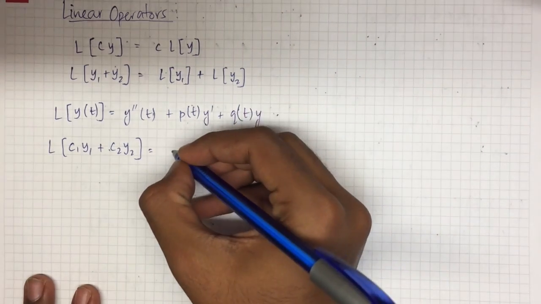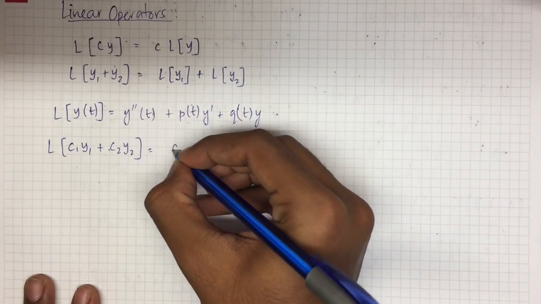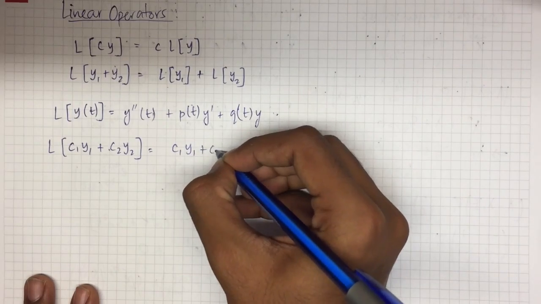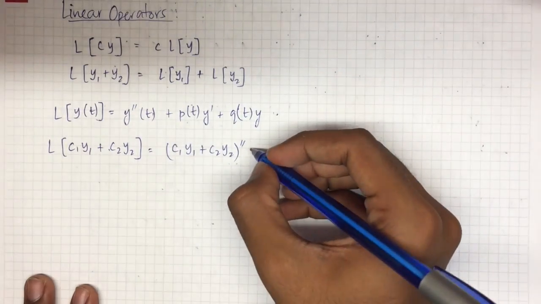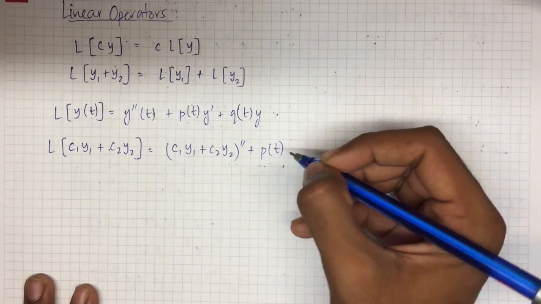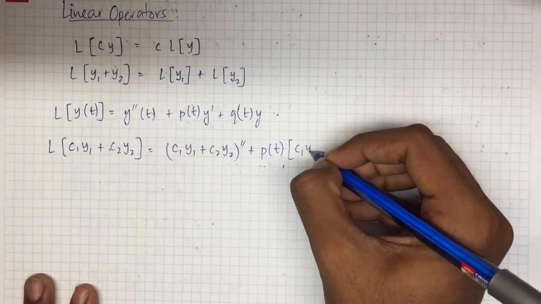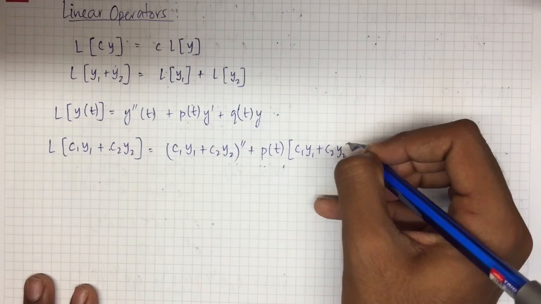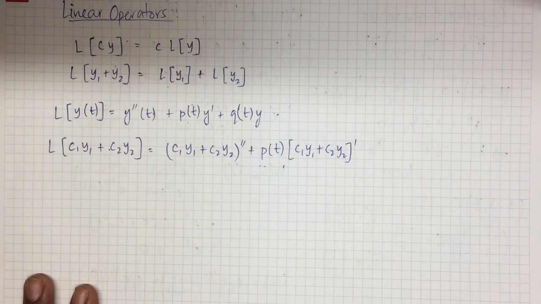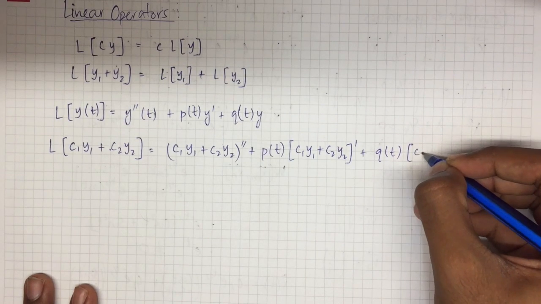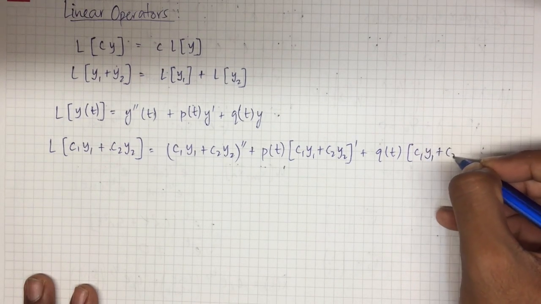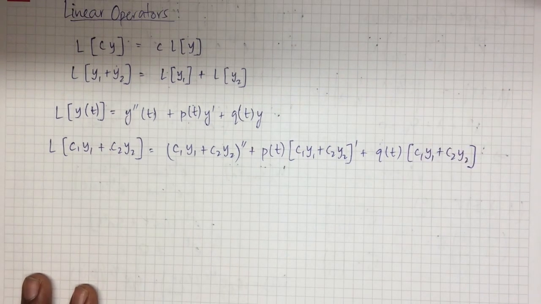Over here we would get, if you're operating on this one, c1 y1 plus c2 y2 double prime plus p of t times c1 y1 plus c2 y2's prime, the first derivative, plus q of t times c1 y1 plus c2 y2.